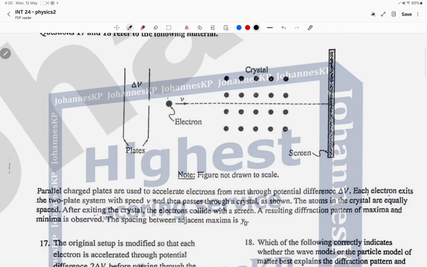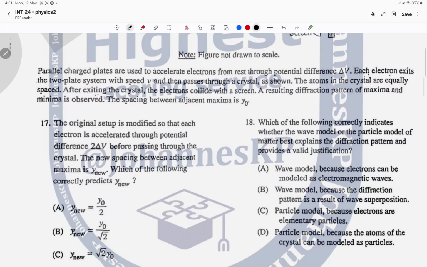A resulting diffraction pattern of maxima and minima is observed. So for this to happen, diffraction is occurring, which means the electron is able to act as a wave. The spacing between the maxima is YO. But now the potential difference will be doubled to 2 delta V.